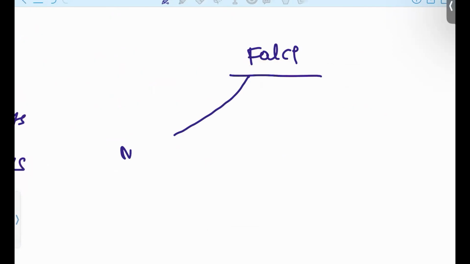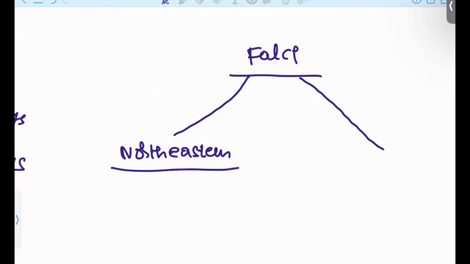Next, coming to falciparum. For falciparum patients, what we differentiate is the northeastern areas, because these are resistant areas. Either the patient is from the northeastern areas or from other states of India. We have two protocols.